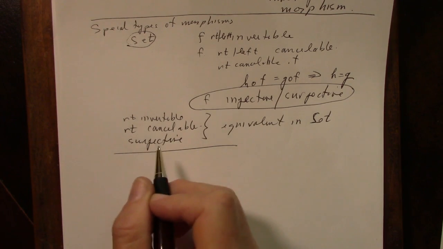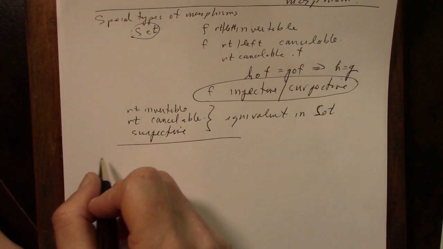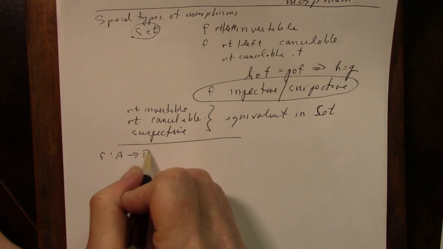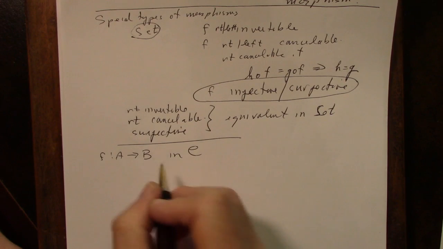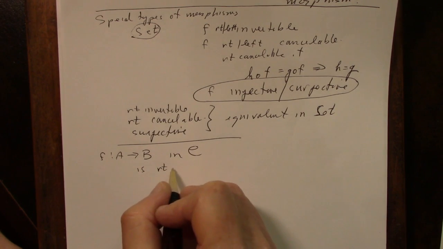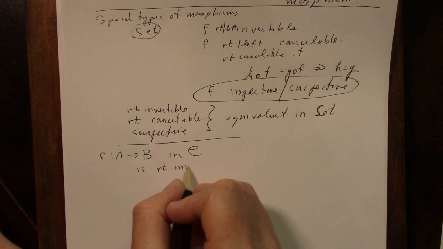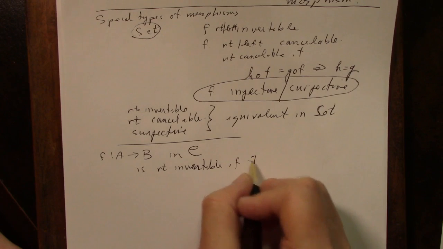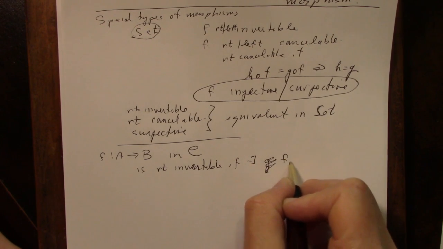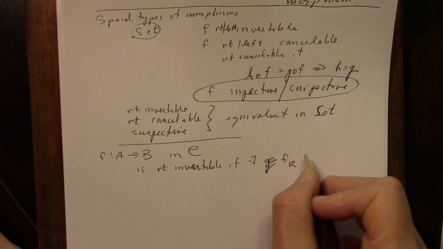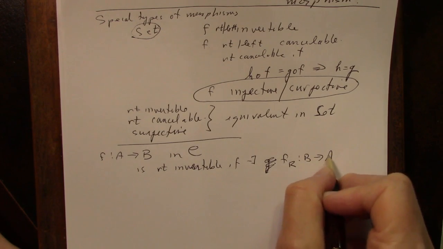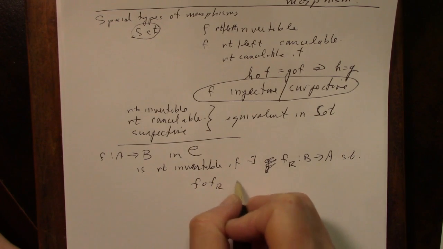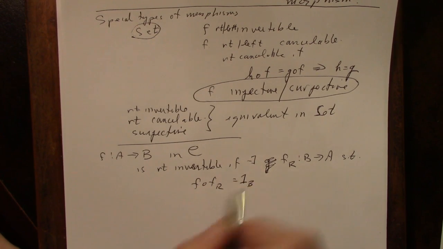We should set down for the record some definitions here. So F is a morphism in a category. It's right invertible if there exists a morphism FR, and this goes from B to A, such that F composed with FR is 1B.